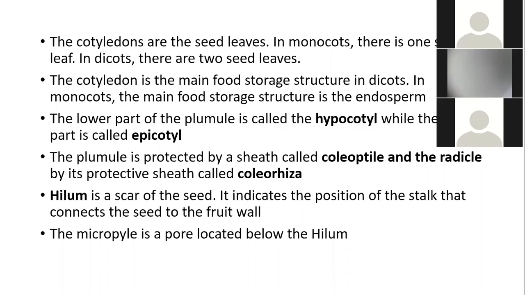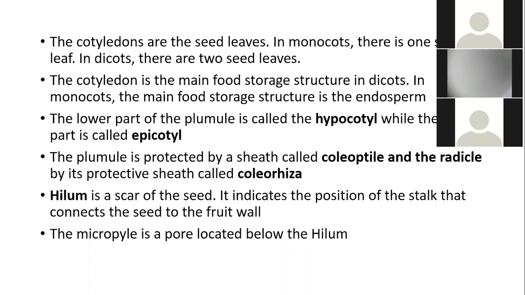Now, the plumule, as I said, is the embryonic shoot. The upper part of the plumule is called the hypocotyl. And the lower part, sorry, is called the hypocotyl. Then the upper part is referred to as the epicotyl.